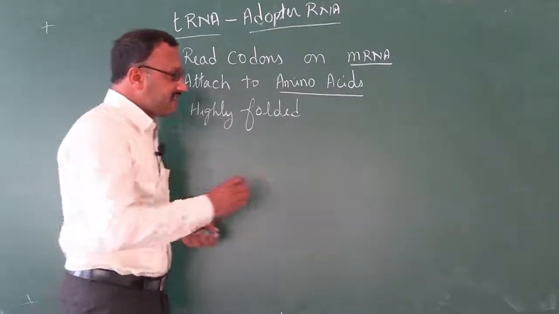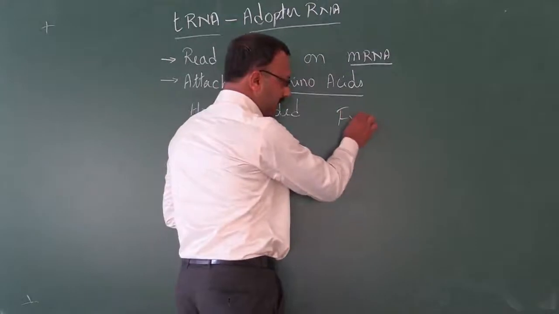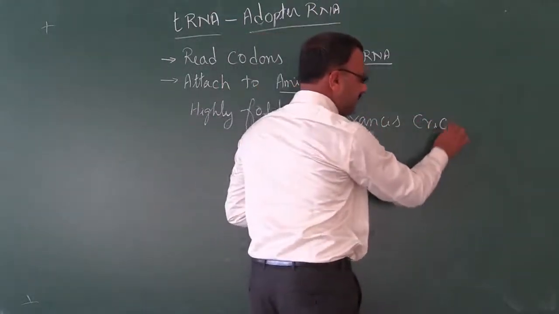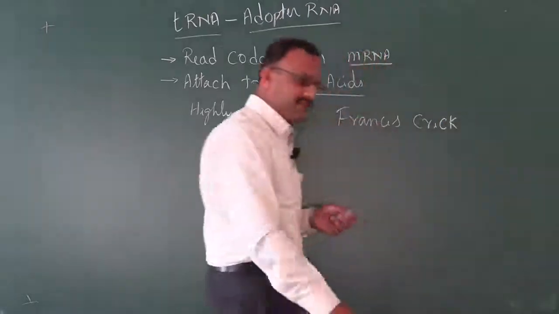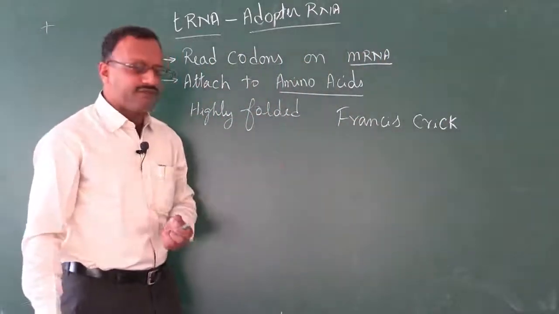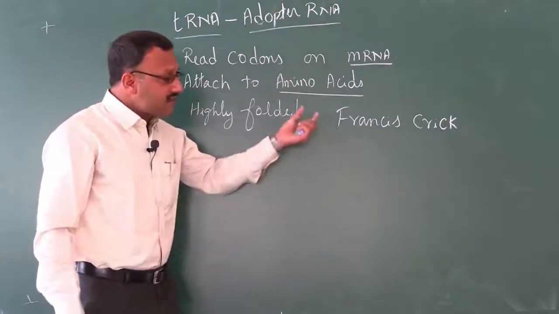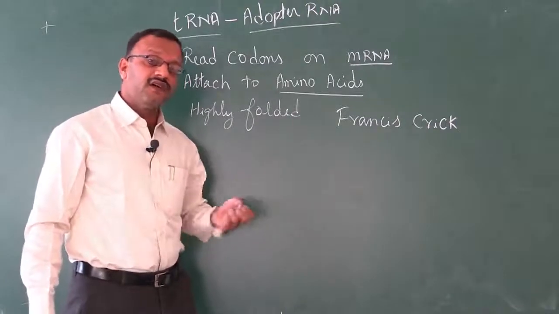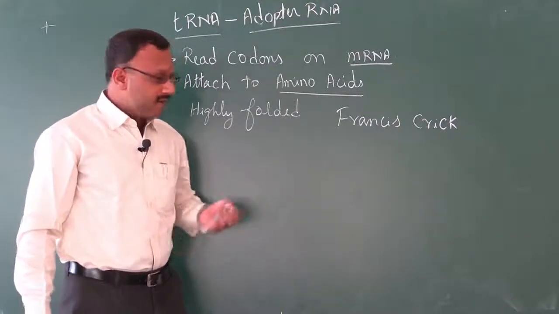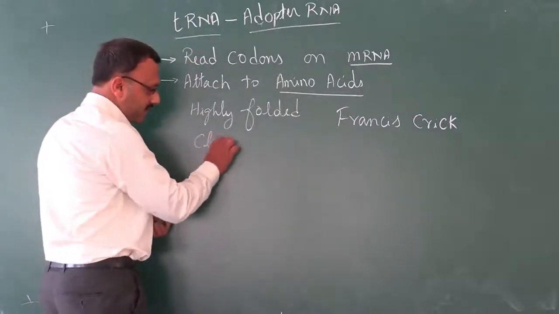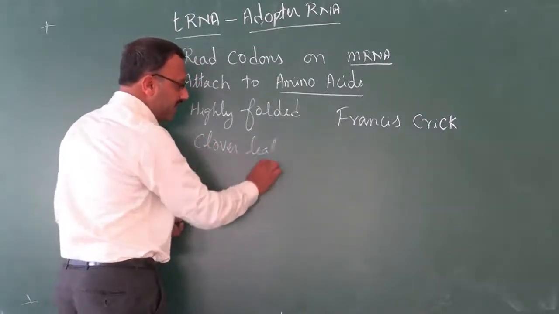It is Francis Crick. You might remember, Francis Crick and James Watson proposed the DNA double helical model. So the same scientist, Francis Crick, postulated the structure of tRNA, where the tRNA resembles a clover leaf.